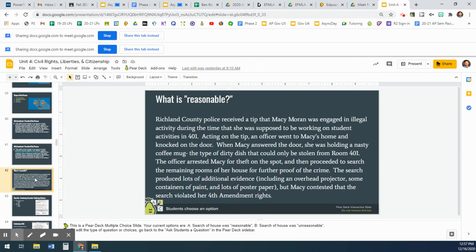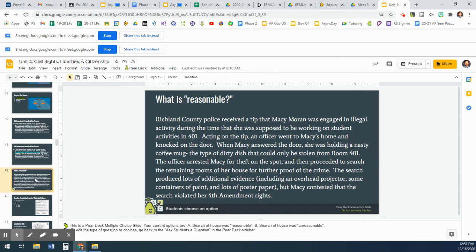The first scenario, and this is a hypothetical, of course, states that Richland County Police received a tip that Macy Moran was engaged in illegal activity during the time that she was supposed to be working on student activities in 401. Acting on the tip, an officer went to Macy's home and knocked on the door.